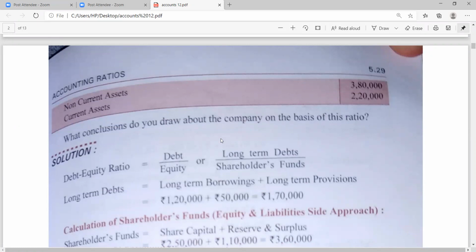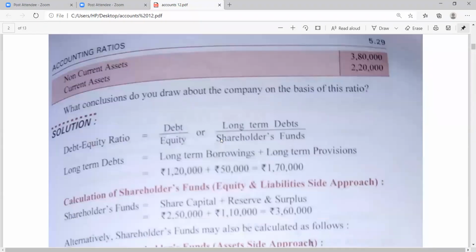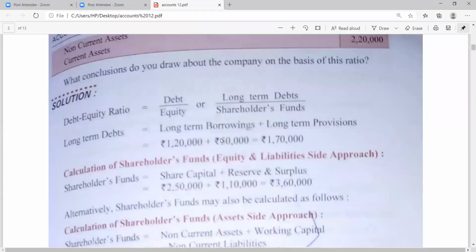It consists of all the long-term borrowings as well as long-term provisions. So long-term borrowings are 1,20,000, that is given in the statement, while the provisions are 50,000, that is also given. It is 1,70,000 in total.